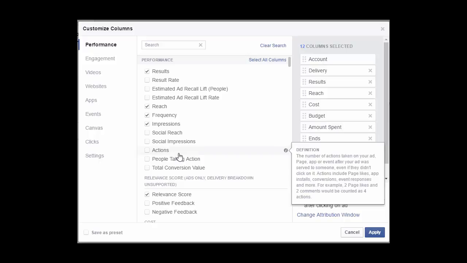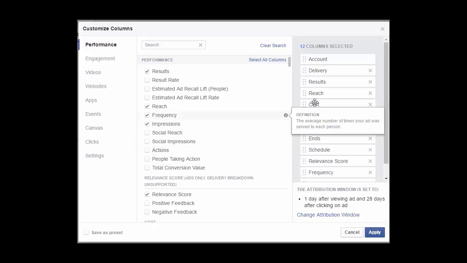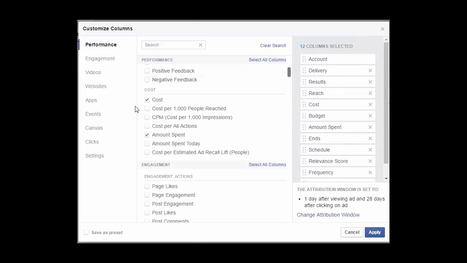Okay, so regarding cost, you want to check the amount spent. Okay, amount spent right here, because you want to know how much you spend. Obviously, this is part of the all important ROI equation.